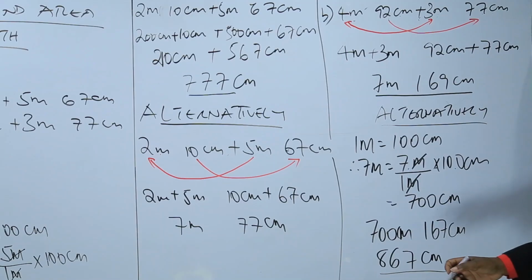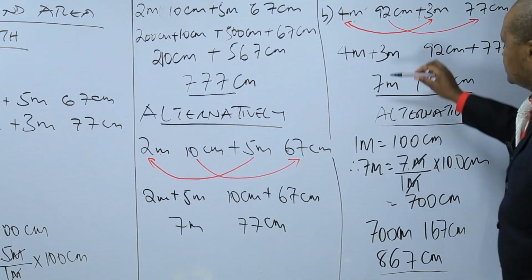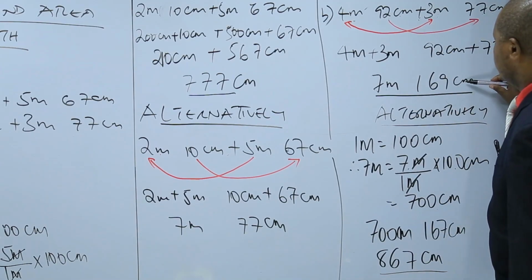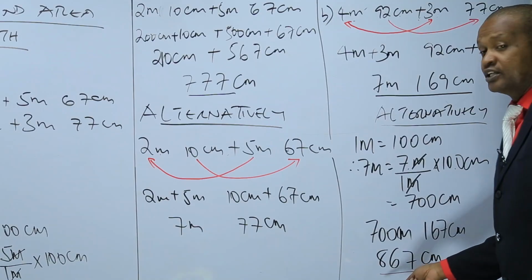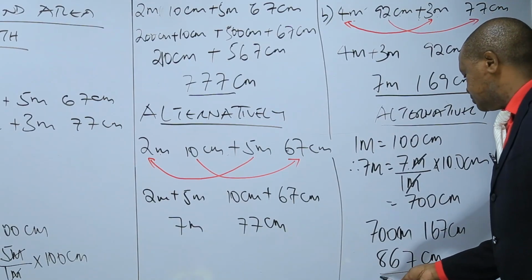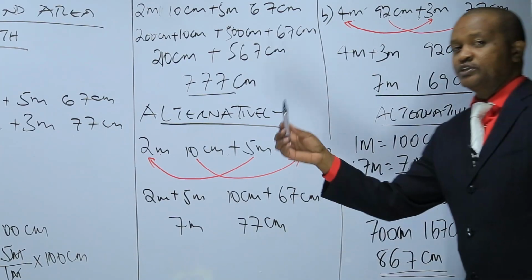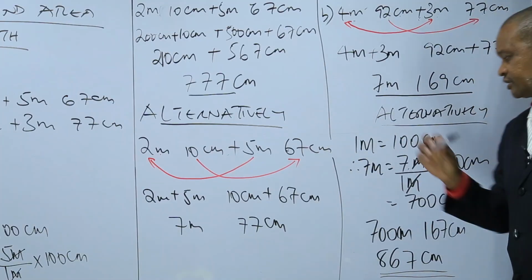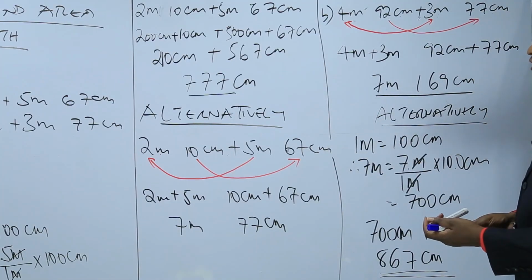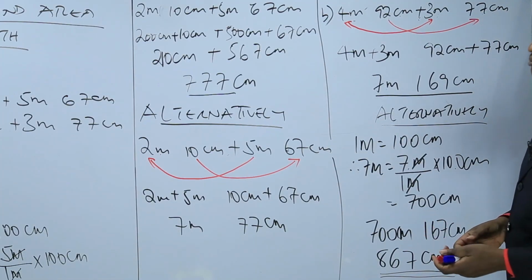So we can express the answer in the 2 units, that is the meters and centimeters, or we can choose to express the answer in centimeters. We can also choose to express the answer in meters. So that is question 1A-B.